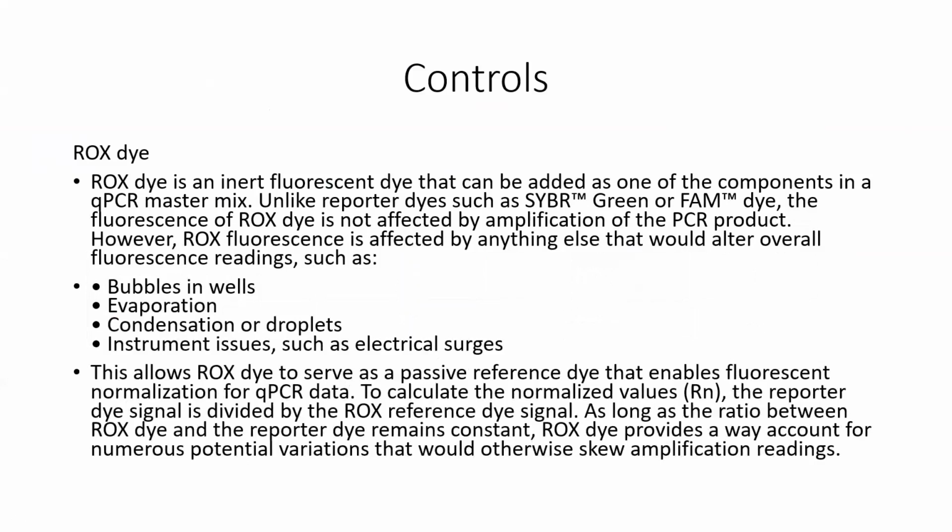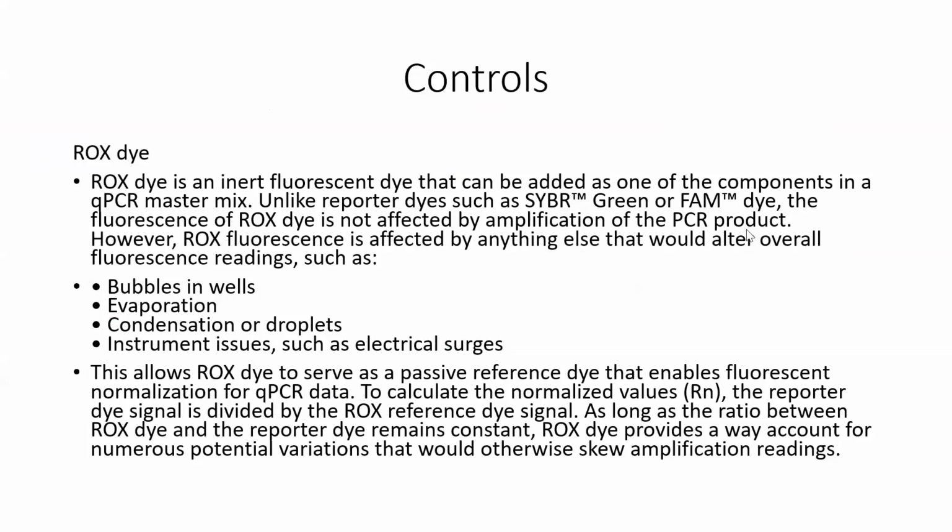It is basically an inert fluorescent dye. It does not interact with any components of the PCR, so it does not interact with PCR amplification. It does not tell you whether PCR amplification has happened or not, but it just lets you know about the technicality of it, the reproducibility of it.